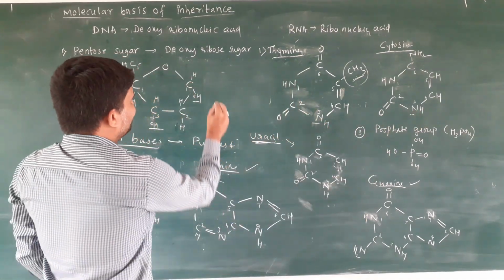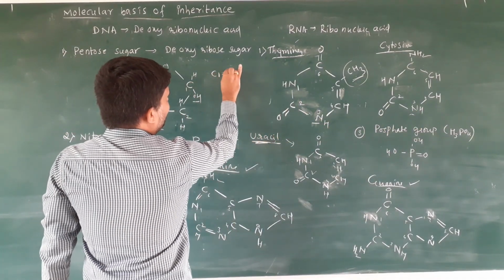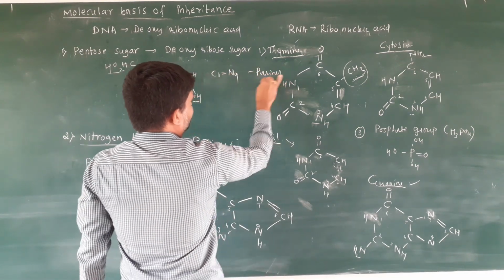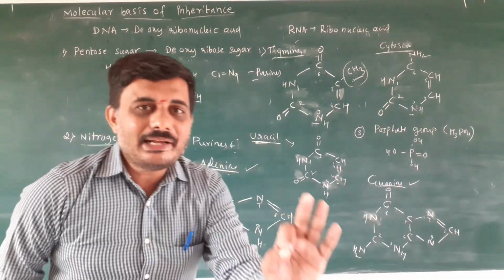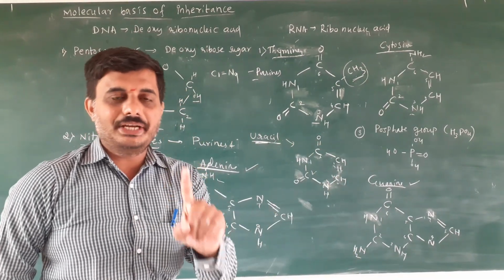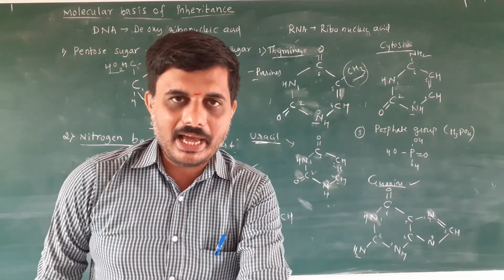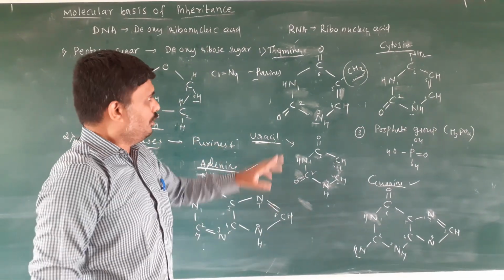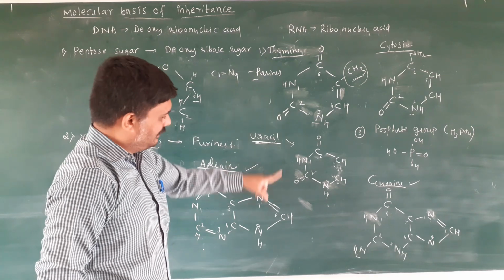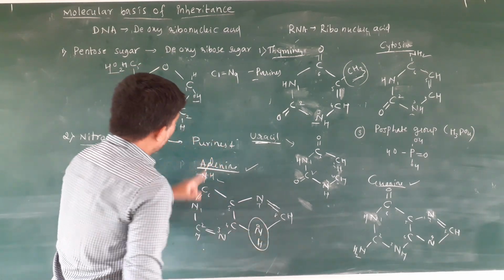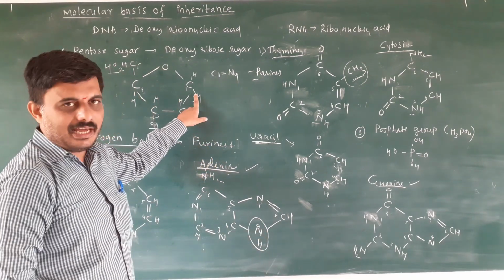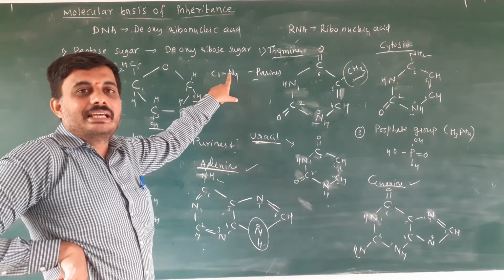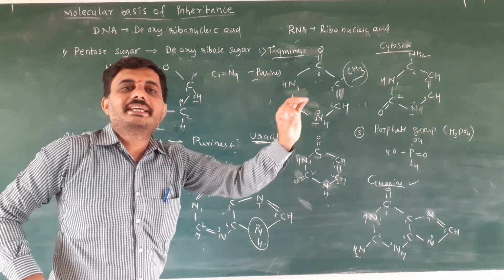So it is called C1N9 glycosidic linkage in case of purines. Always nitrogen bases are attached to the first carbon of the sugar moiety. In case of purine, the ninth nitrogen atom is attached to the first carbon, so it is called the C1N9 glycosidic linkage.